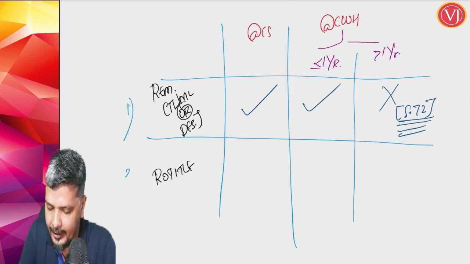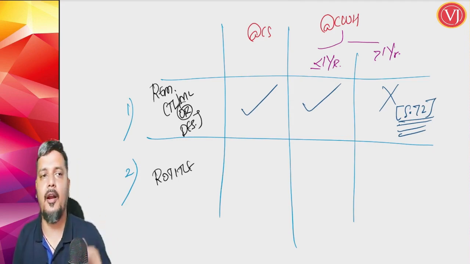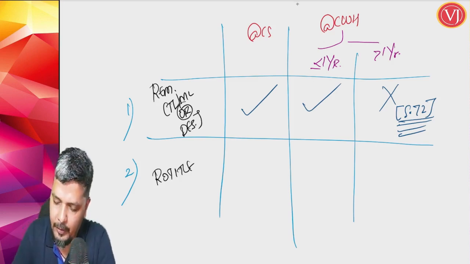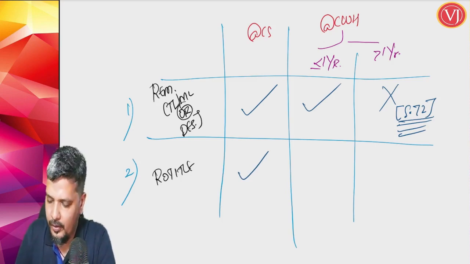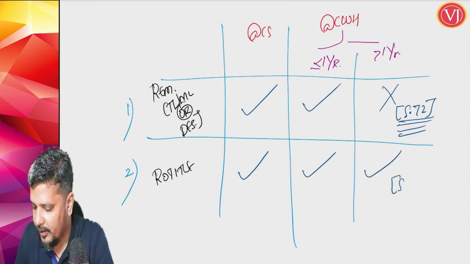Unfortunately, I am again and again telling, unfortunately, the logic is not applied for relinquishment of title by Karnataka High Court. I believe it should have been applied even for relinquishment of title. Relinquishment of title, you can go at customs station. You can go at customs warehouse, whether it is within 1 year or even if it is after 1 year.